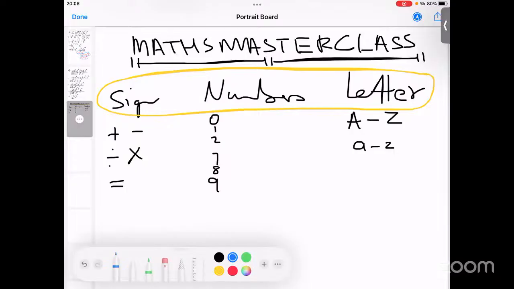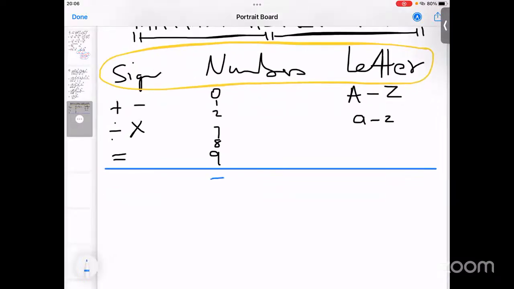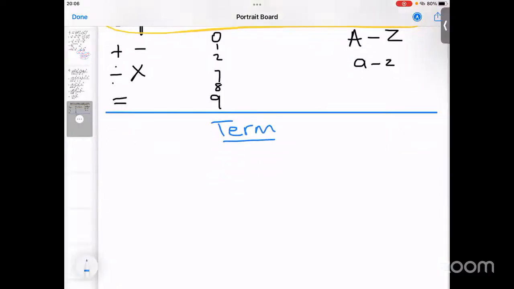The next part of this lesson that I would like for you to be aware of is something called a term. What is a term in mathematics? A term is structured in this format, honorable members. You've got a sign, which could be a plus or a minus.